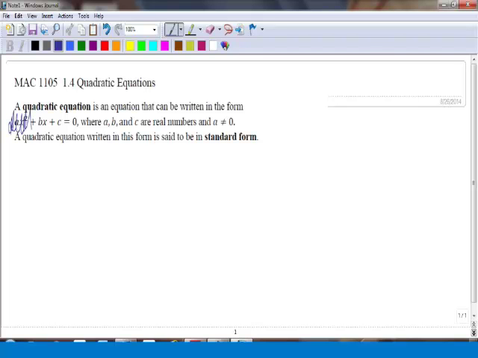Because it's linear, the quadratic formula does not apply. The quadratic formula, you may remember, has a 2a down in the denominator, and if a is 0, that makes that expression undefined. So we can only apply the quadratic formula and certain other procedures if it's actually a quadratic equation. So a is not allowed to be 0.